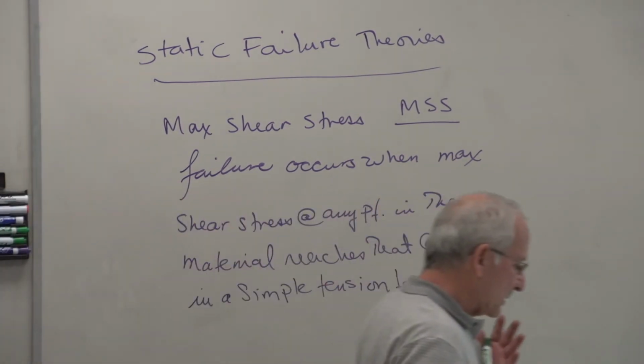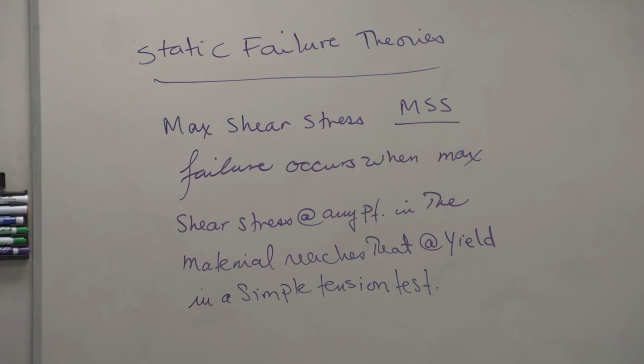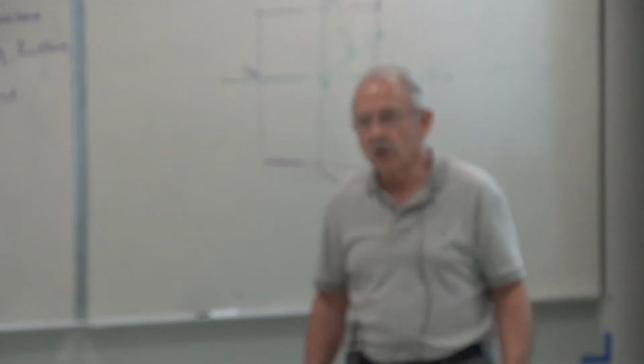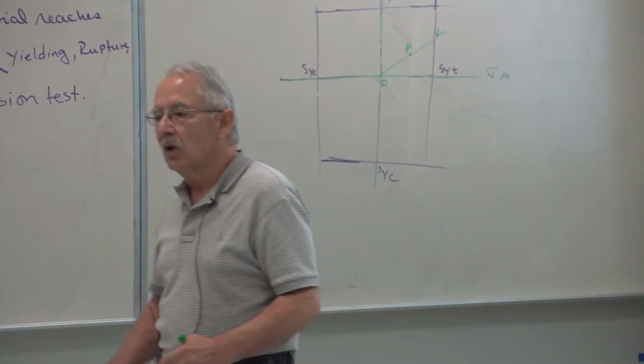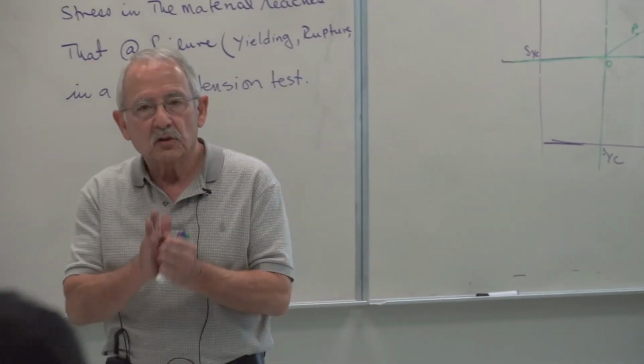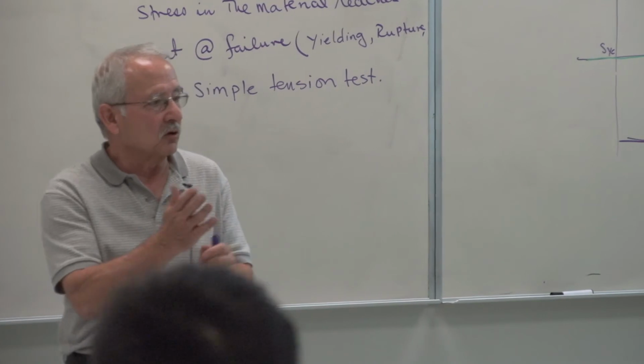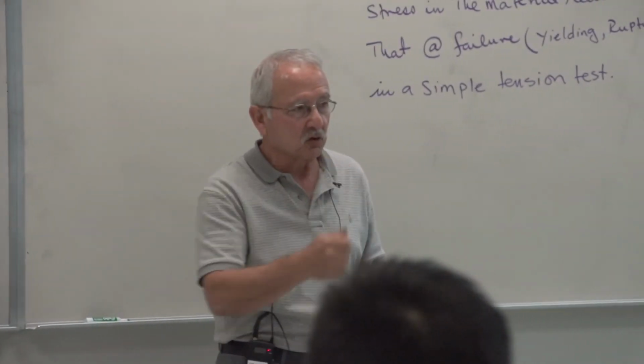Now let's say a few words about why you have a theory such as this. Yielding or permanent deformation is a phenomenon in which planes of atoms slip past one another. Those of you who've taken 315 should know about that.